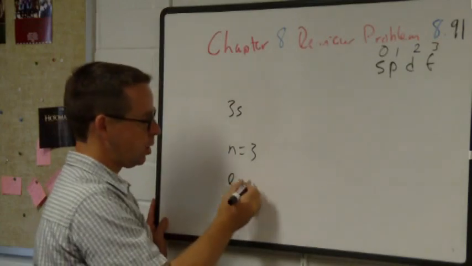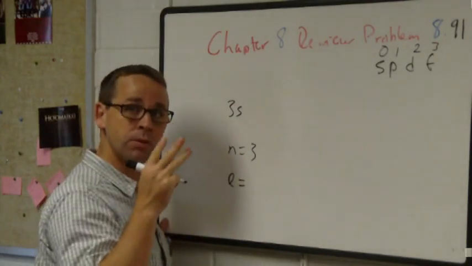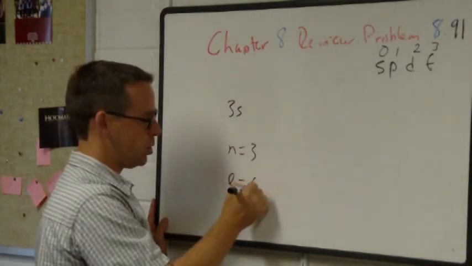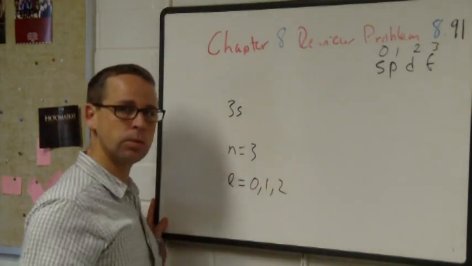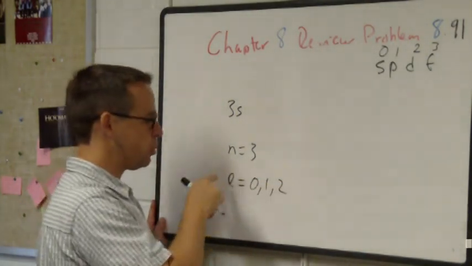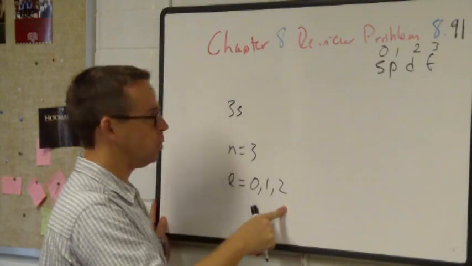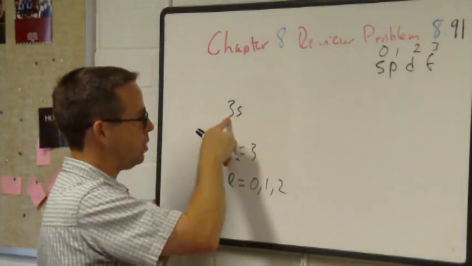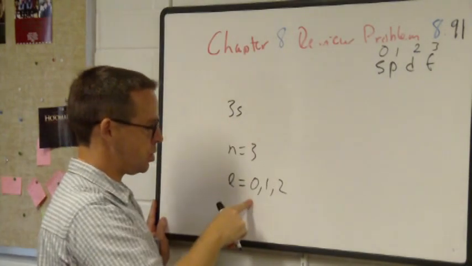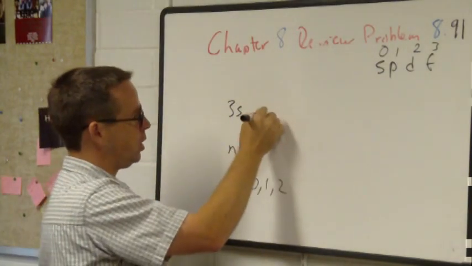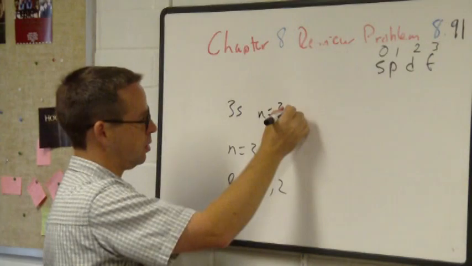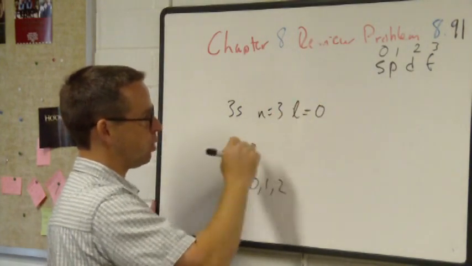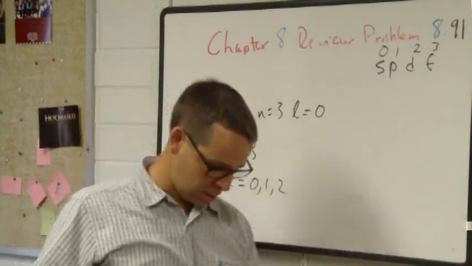L can be one of 3 different numbers: 0, 1, and 2. So if N equals 3, L can be 0, 1, or 2. In this case, 3S, N equals 3 and S is our 0, so L equals 0.